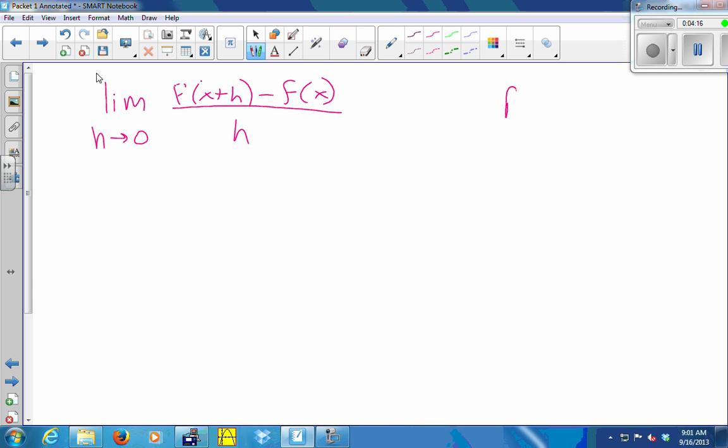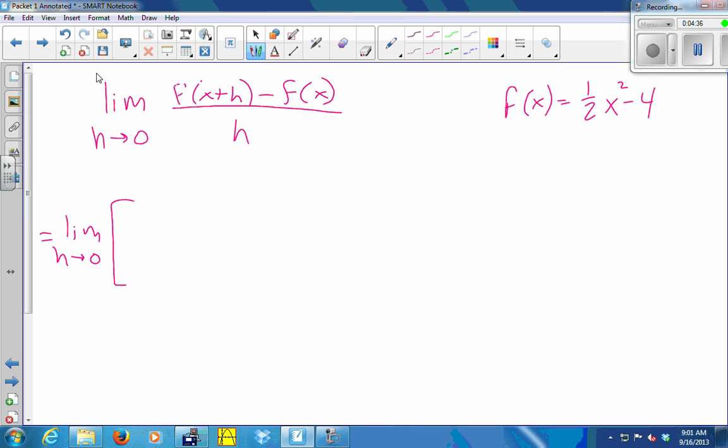And remember, f of x is 1/2 x squared minus 4. So what the limit definition says is I have to plug in an x plus h. It's the first thing. So I have the limit as h approaches 0.